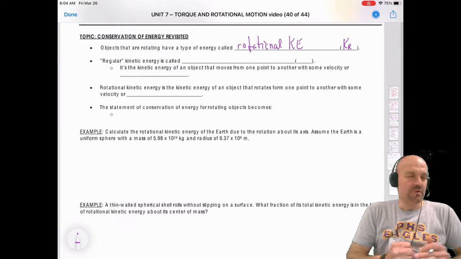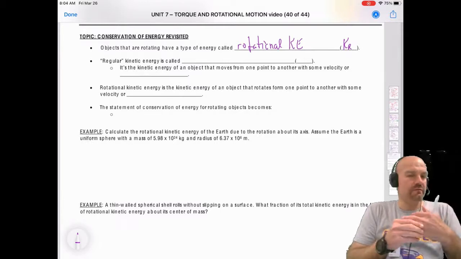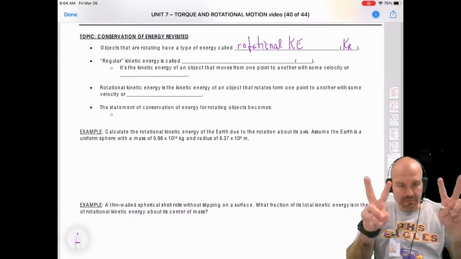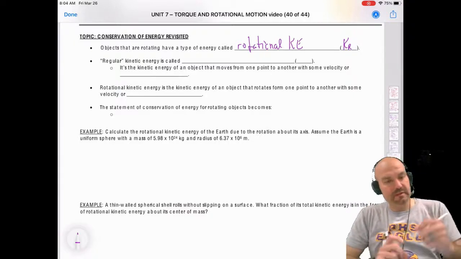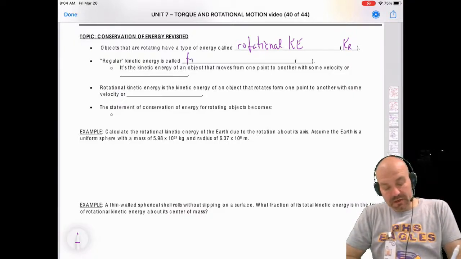Okay. So what we called way back in unit 4 kinetic energy, or regular kinetic energy, that linear kinetic energy, we're now going to give the special name of translational kinetic energy.